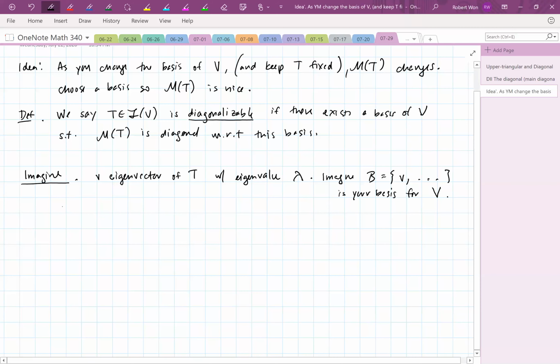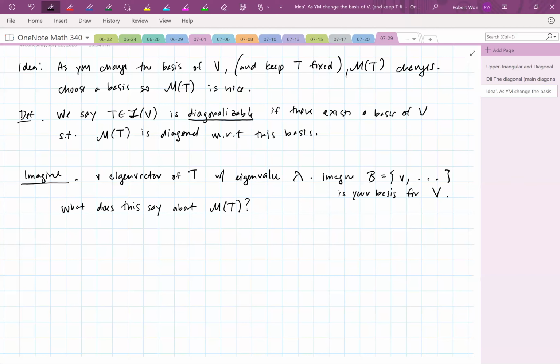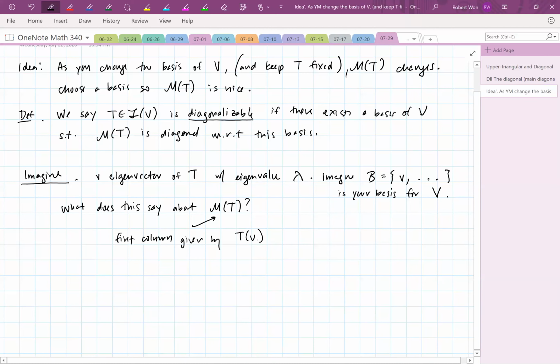What does this say about the matrix? Well, the first column of M(T), you get that by seeing what T does to the first basis vector. So the first column is given by T(v). That's the first basis vector. You have to know what T(v) is in terms of the basis of the vector space.